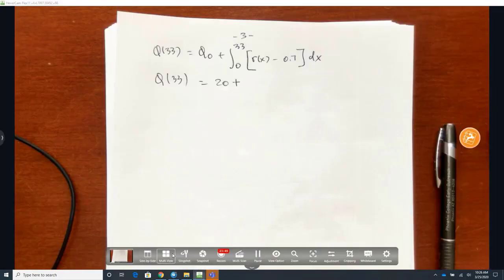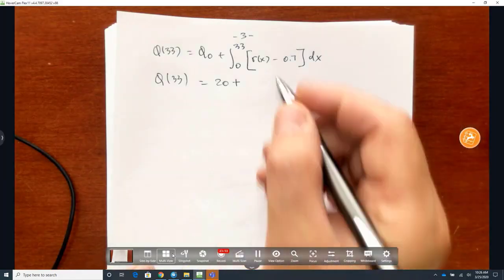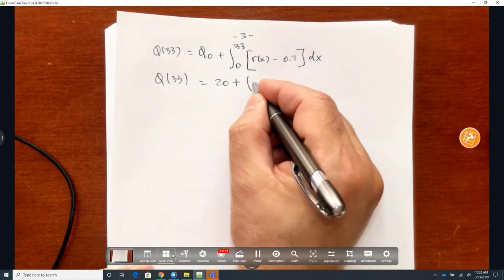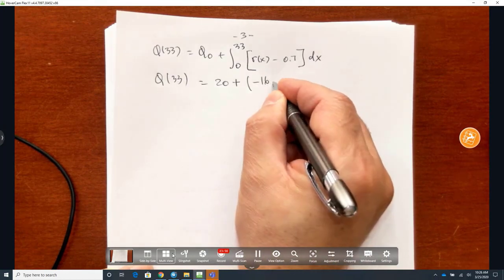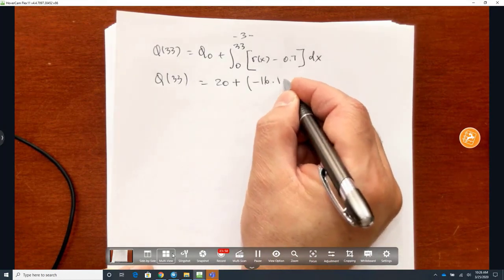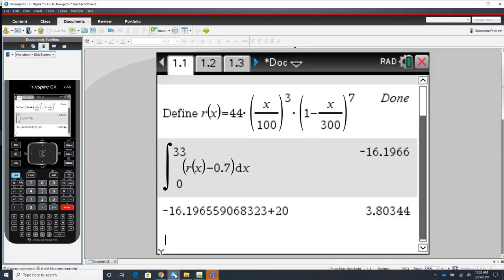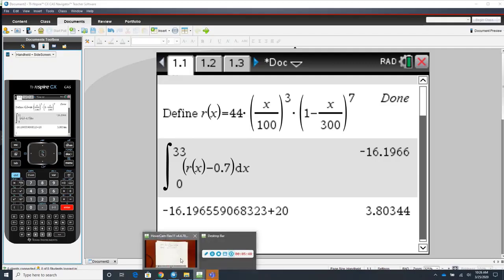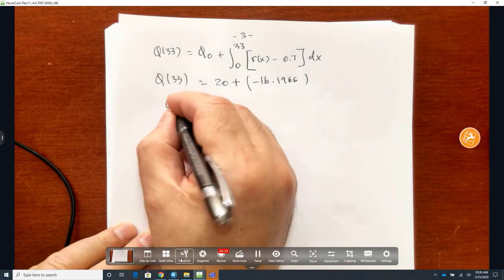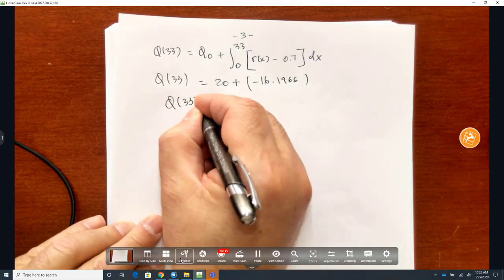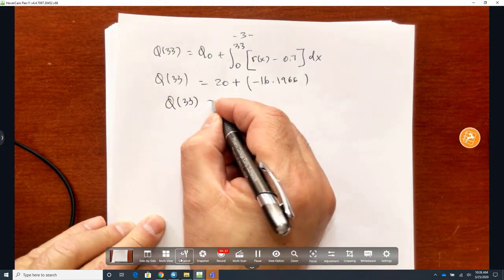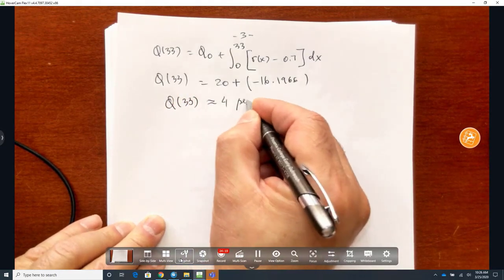So that will be negative 16.19966, and I will take q of 33 being about 4 people.